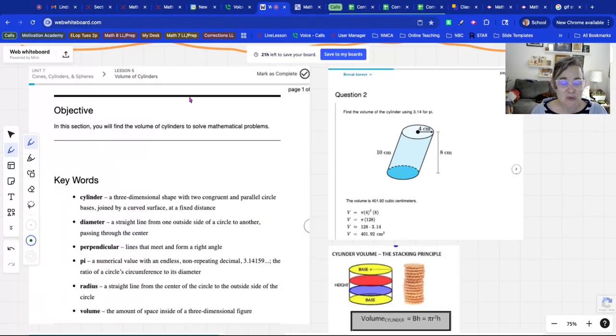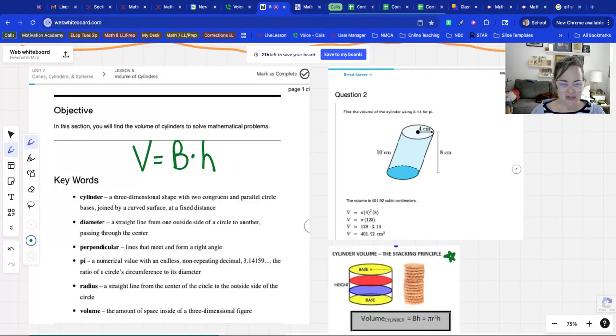In general, if you want to find the volume of any three-dimensional shape with straight edges or cylinders, you're going to find the area of the base and multiply by the height. The reason that makes sense to me, if you look over here, it says cylinder volume, the stacking principle.